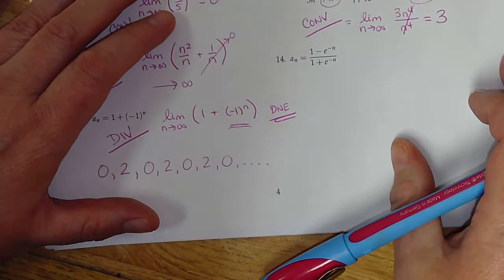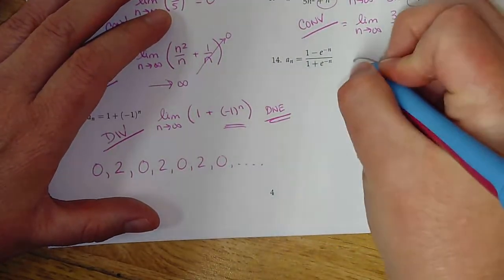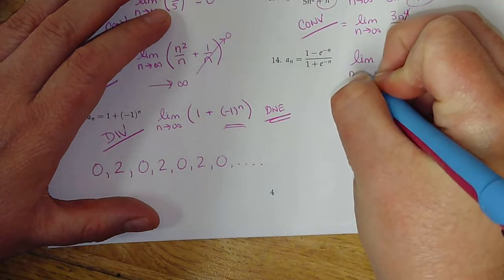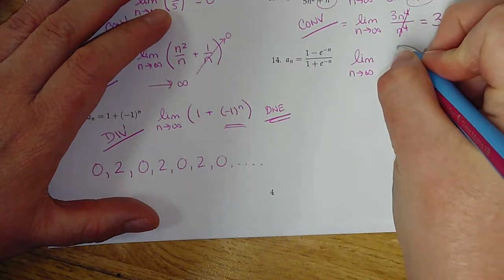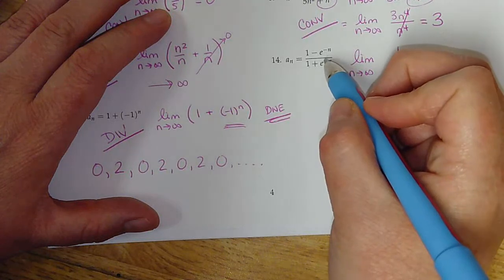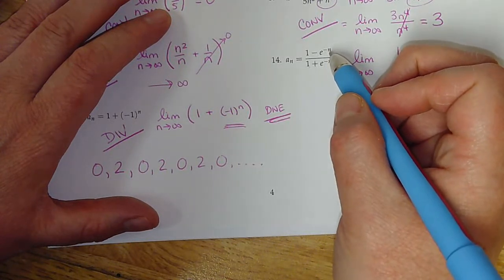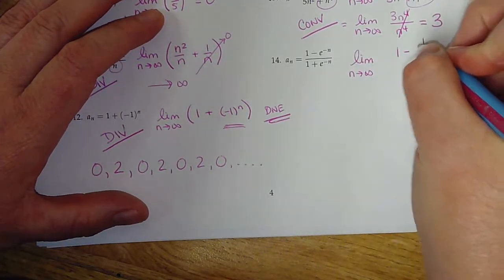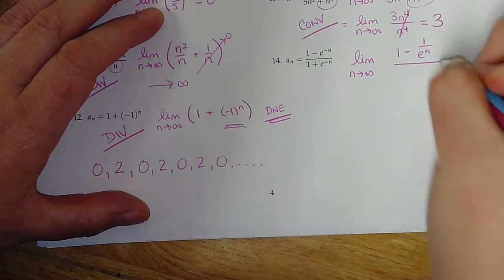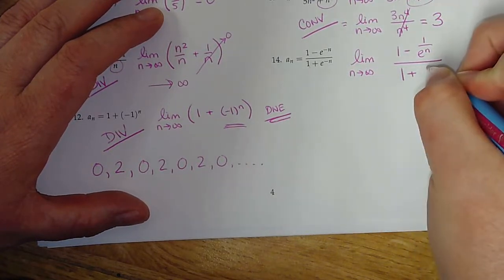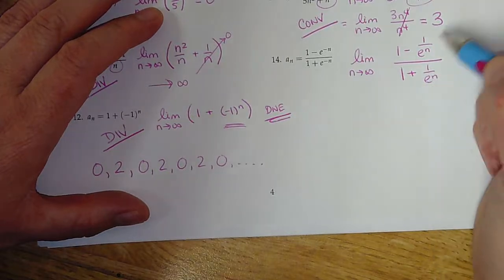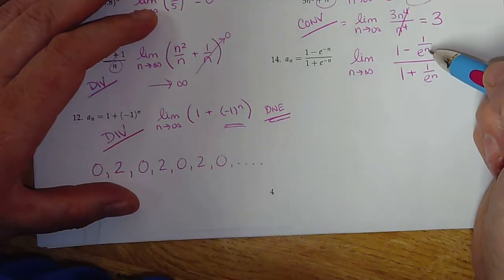Okay, and then we have one more on here. So I'm going to be looking at the limit as n goes to infinity of (1 minus e to the negative n), where e to the negative n can be rewritten as 1 over e to the n, all over (1 plus 1 over e to the n). So e to the n is getting really, really big.